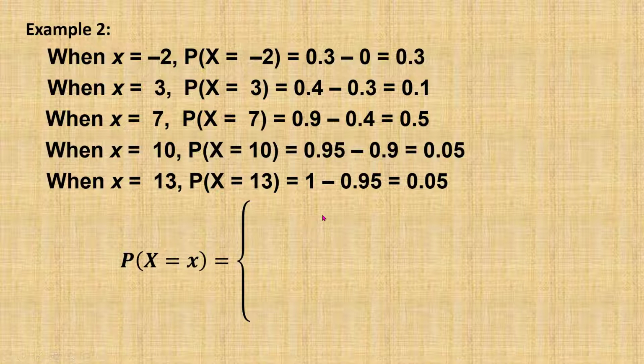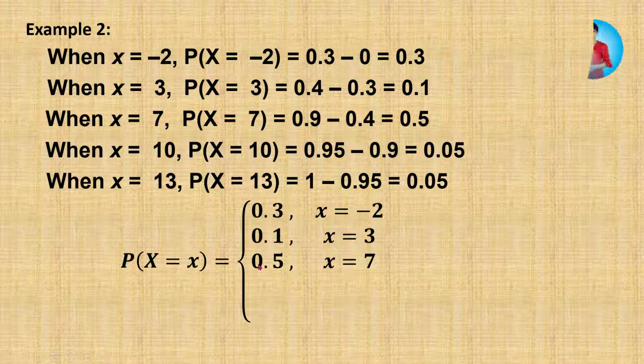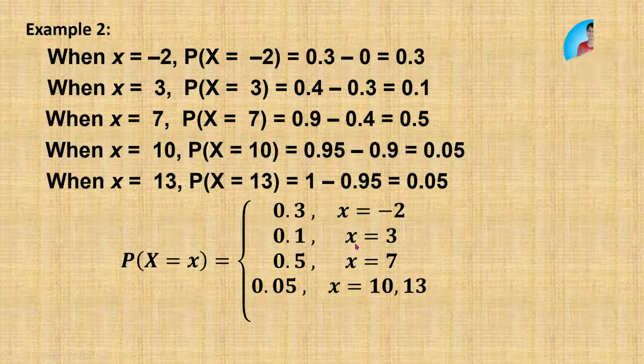First, when x is equal to -2, the probability is 0.3. When x is 3, the probability is 0.1. When x is 7, the probability is 0.5. And when x is equal to 10, the probability is 0.05. When x is equal to 13, the probability is also equal to 0.05.